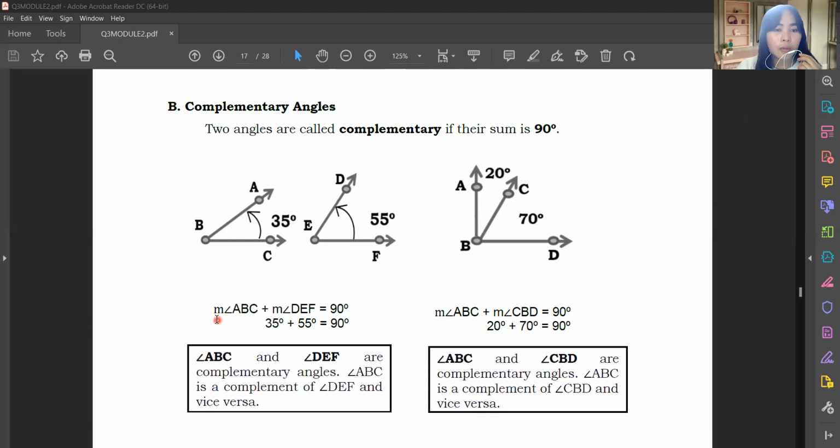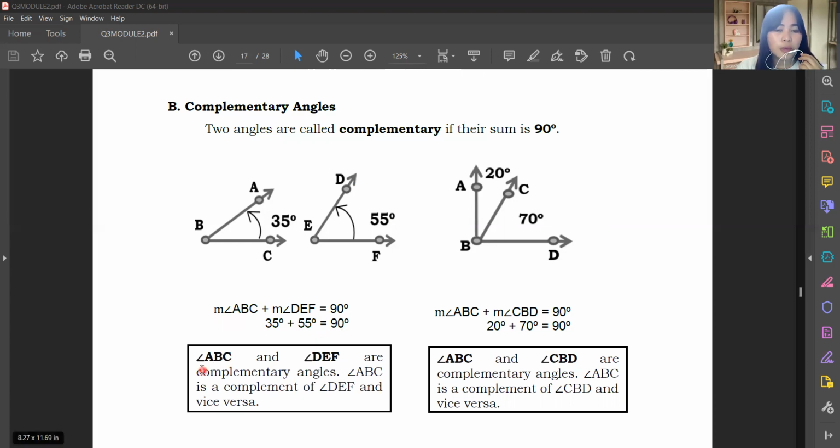So, M means measure: measure of angle ABC plus measure of angle DEF. We have here the measure of our angle ABC is 35 degrees, so we copy that, 35 degrees. The measure of angle DEF is 55 degrees. Therefore, if we add 35 and 55 degrees, the total is 90 degrees.